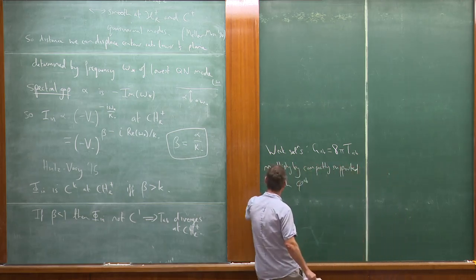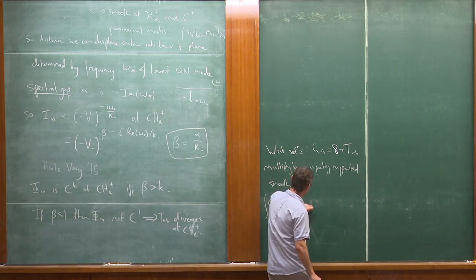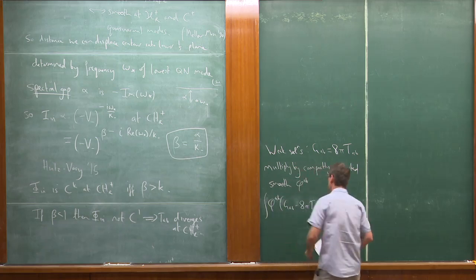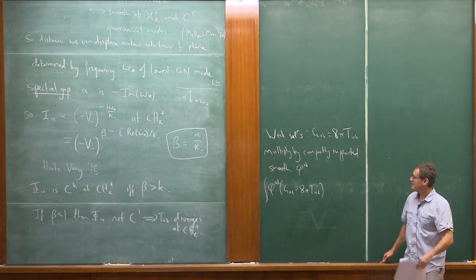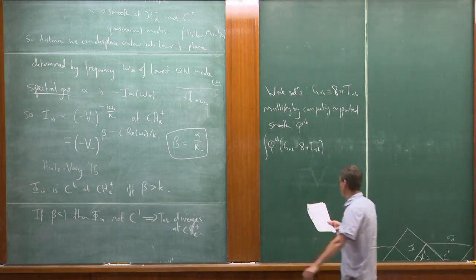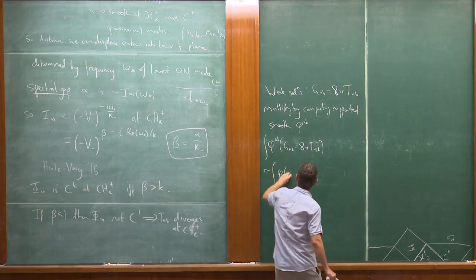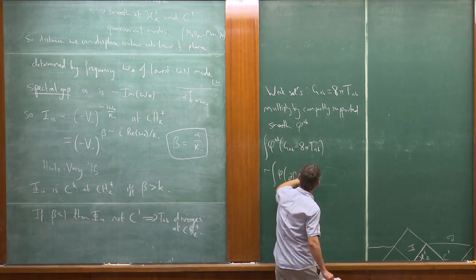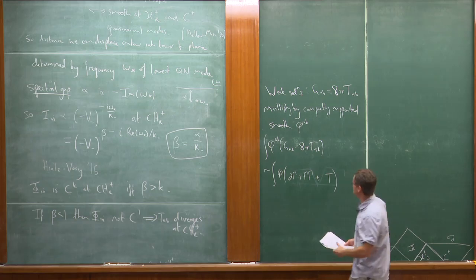Let's take the Einstein equation and multiply by some test function. Basically, the statement is that this should vanish for all test functions. But to make sense of this, we need to do some integrations by parts. Schematically, this is curvature, so that's dΓ plus ΓΓ, dropping all the constants and indices.